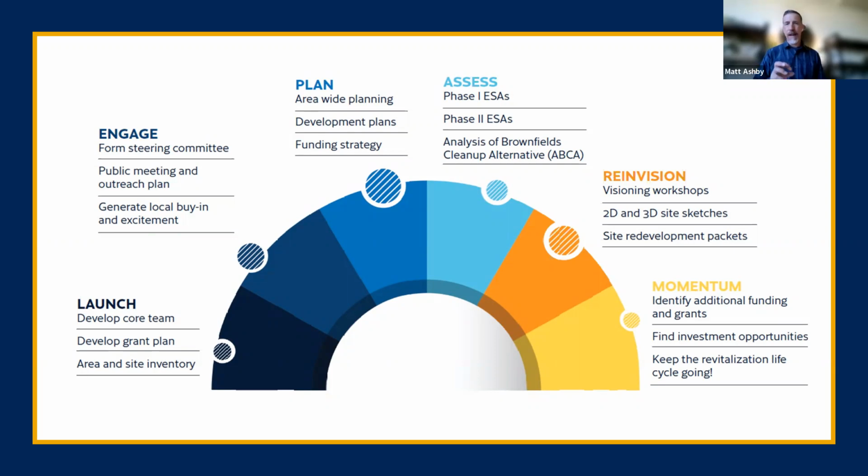Planning comes in as area planning is one of the important components of brownfield assessment grants, where you'll start to develop plans for the vision, land use plans, redevelopment plans, but also funding strategies for how to move forward with a redevelopment project.